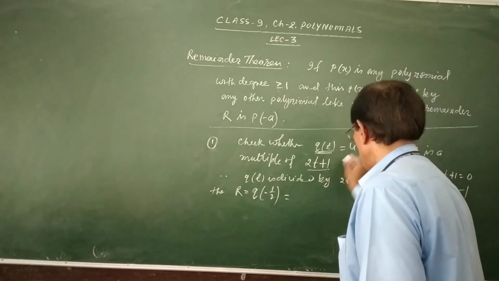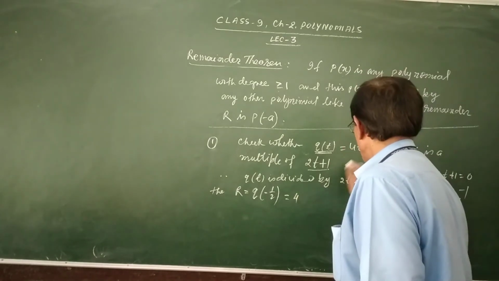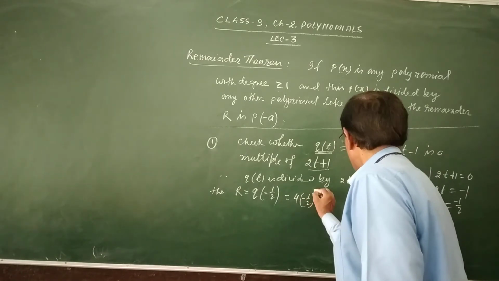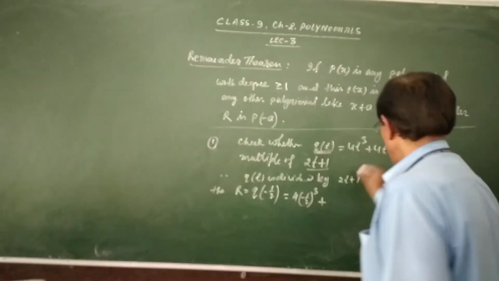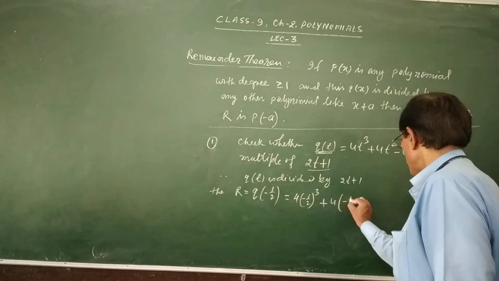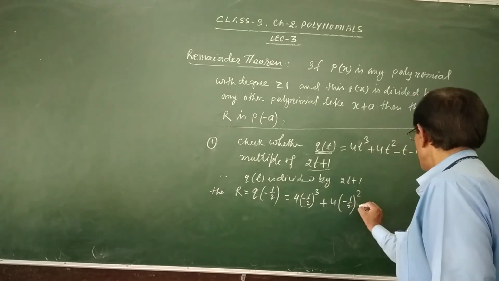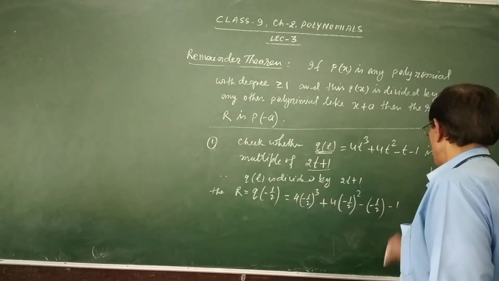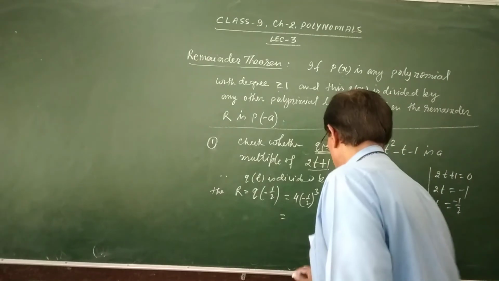So from here 4, and in place of t we put minus 1 by 2, whole cube, plus 4 into minus 1 by 2 whole square, minus minus 1 by 2, minus 1. Find the value of this.